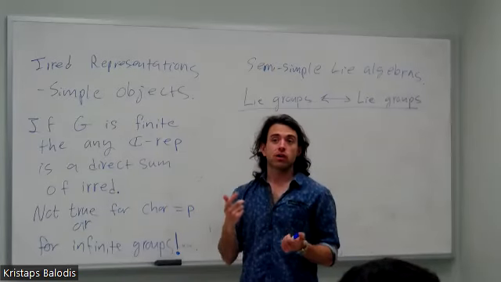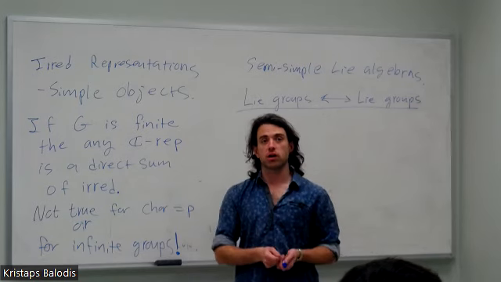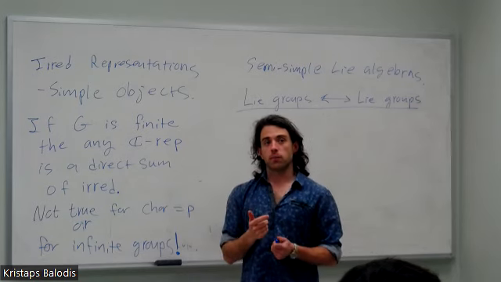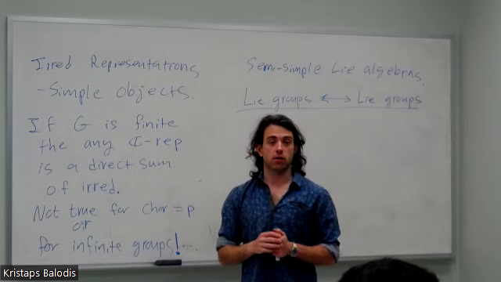And as examples pop up where we say, oh, this is this Lie algebra, this is this Lie algebra, ask yourself, can this one be decomposed into a direct sum of simple Lie algebras?